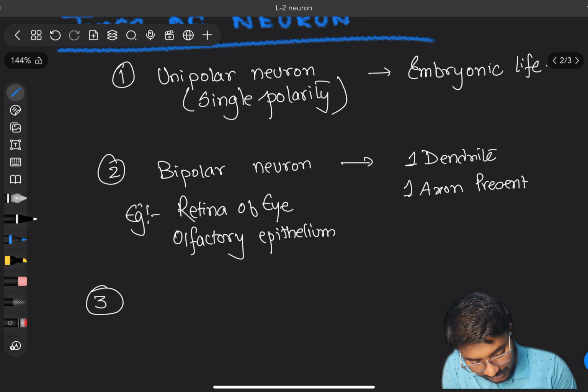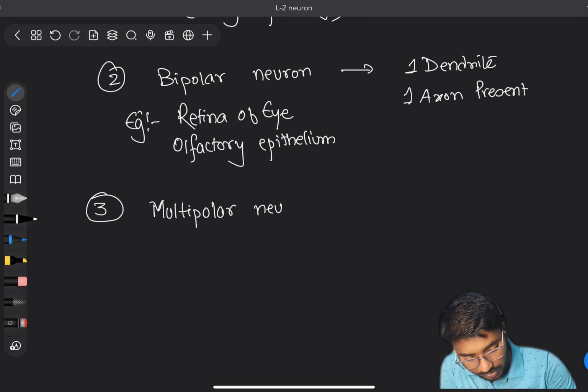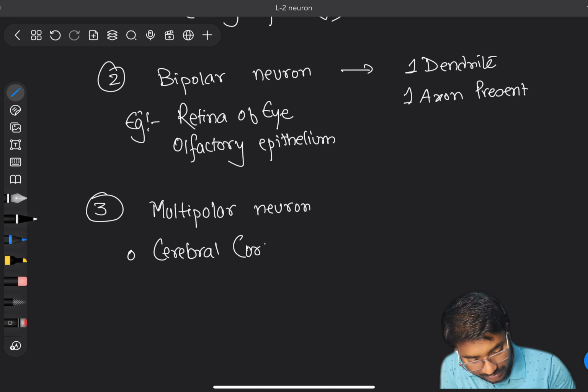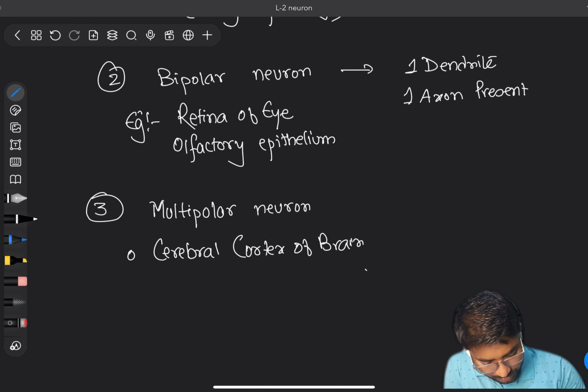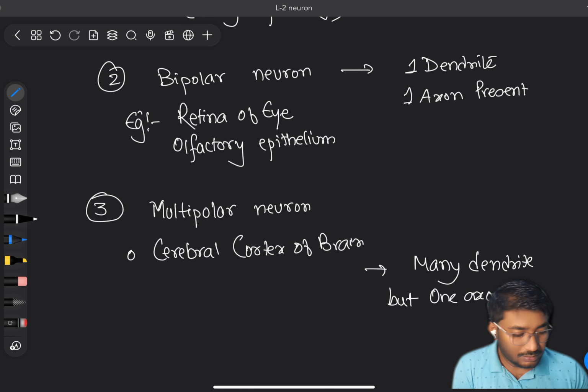In the third case, the multipolar neuron, we see it in the cerebral cortex of the brain. It contains many dendrites but one axon.